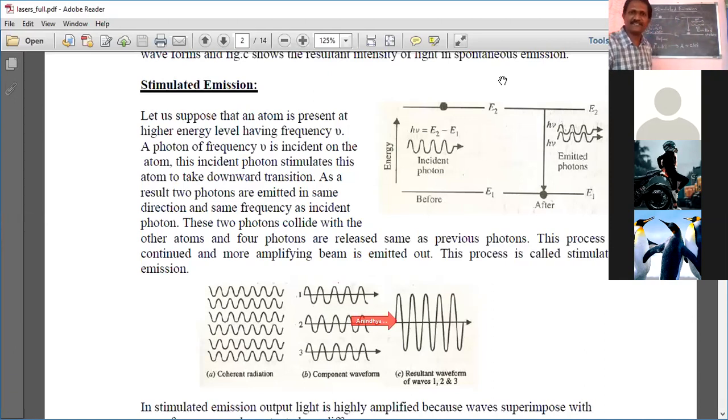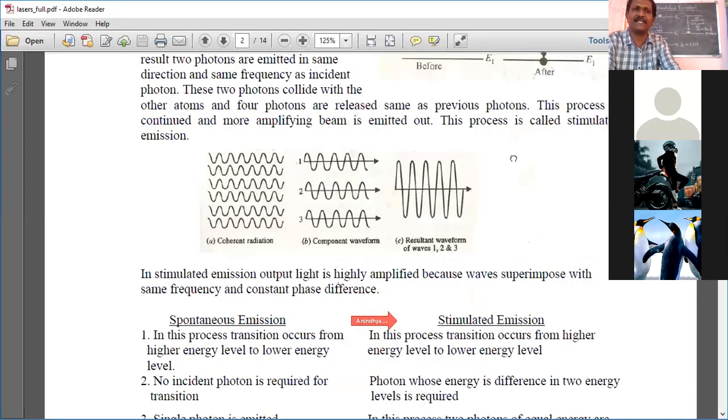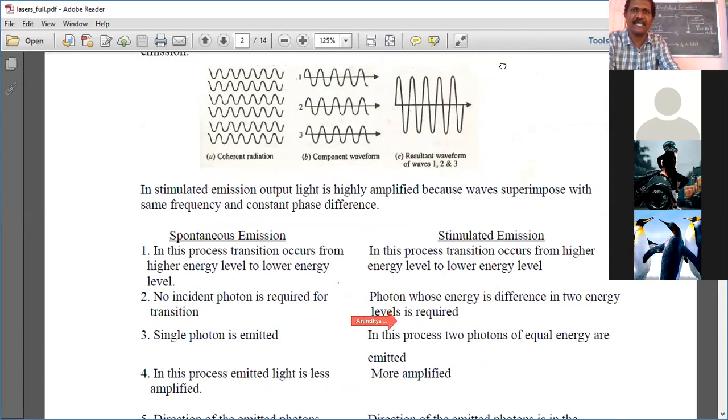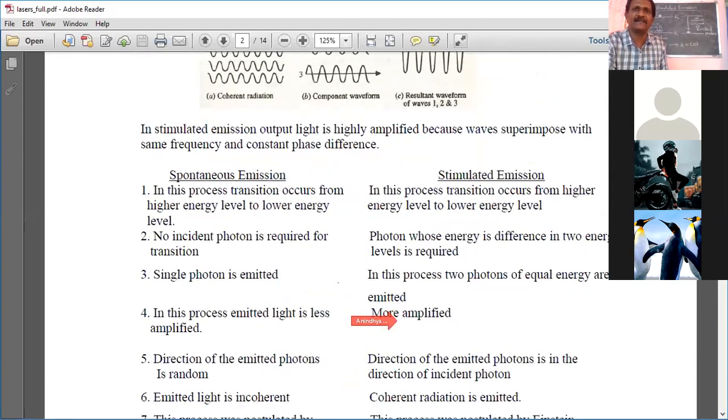There are three processes that I explained today, which are nothing but absorption, spontaneous emission, and stimulated emission. Now, what exactly is the difference between spontaneous emission and stimulated emission? ఈ రెండిటికి ఉన్న differences ఇక్కడ మీకు ఎక్స్ప్లెయిన్ చేశాను చూడండి.